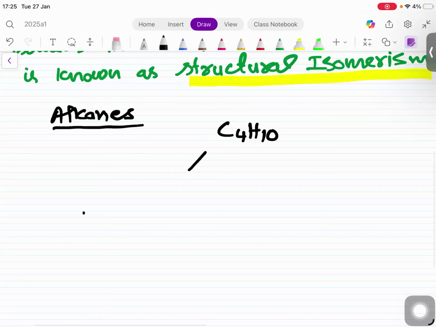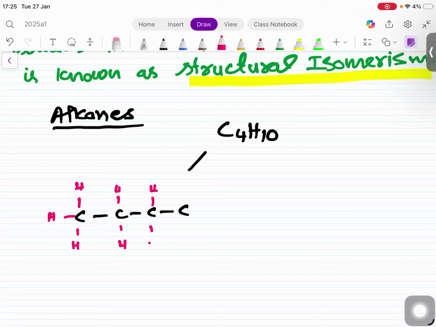You have to put all 4 carbons in one chain, and as alkanes do not have any functional group, let's fill up the hydrogens. When filling the hydrogens, keep in mind every carbon should have 4 covalent bonds. So this is the structure of C4H10.